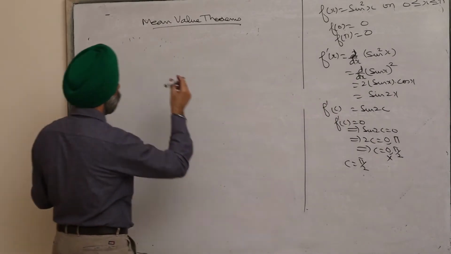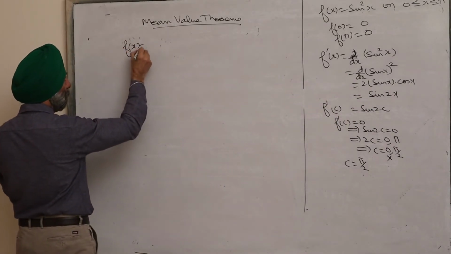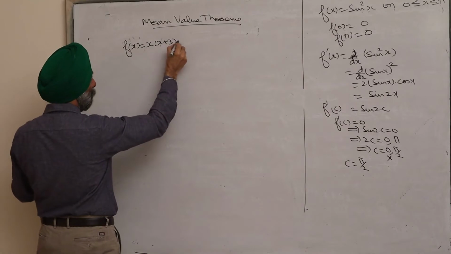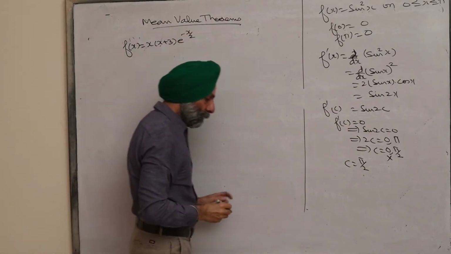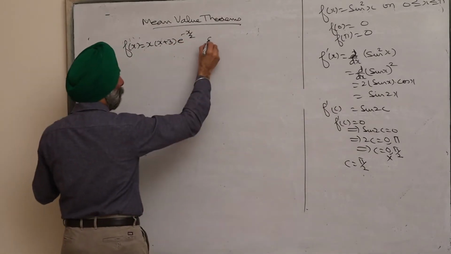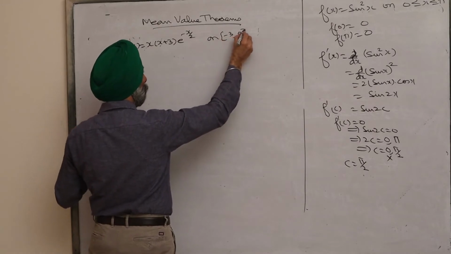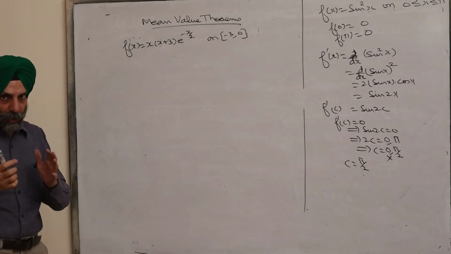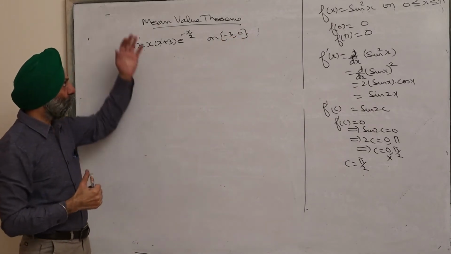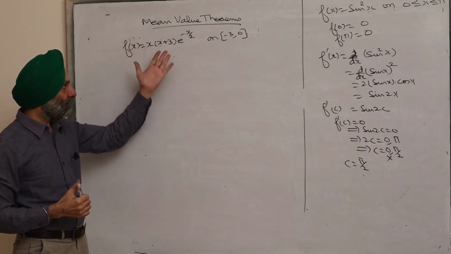Now next is f of x is equal to x into x plus 3 into e raised to power minus x by 2 on the interval minus 3 to 0. So what is the explanation with which we are going to satisfy the first two conditions here?